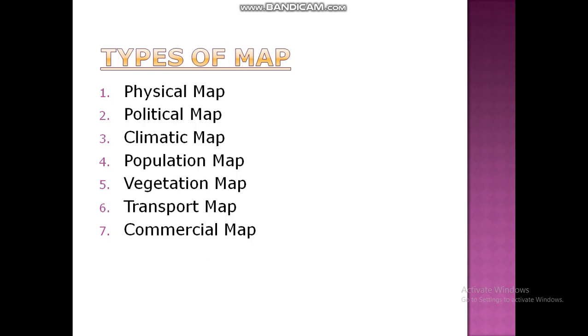Sixth one, transport map. A transport map shows roadways, railways, airways and waterways. Seventh one, commercial map. A commercial map shows the areas of agriculture, mining, industry, trade centers, etc.